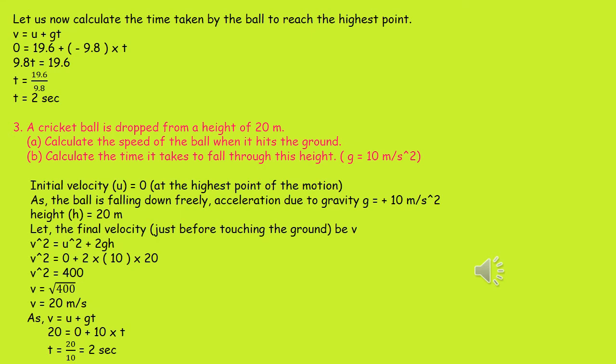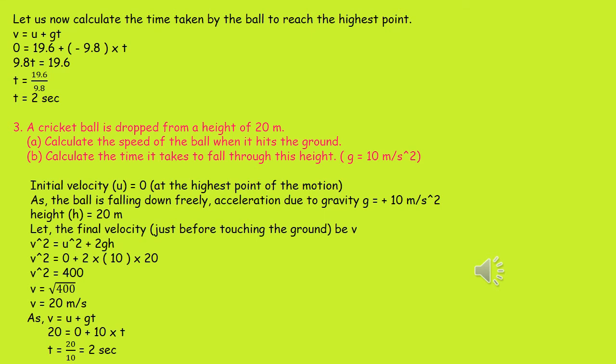Question number 3. A cricket ball is dropped from a height of 20 meter. Part A. Calculate the speed of the ball when it hits the ground. Part B. Calculate the time it takes to fall through the height. g is equal to 10 meter per second square. Now, initial velocity u is equal to 0 at the highest point of the motion.